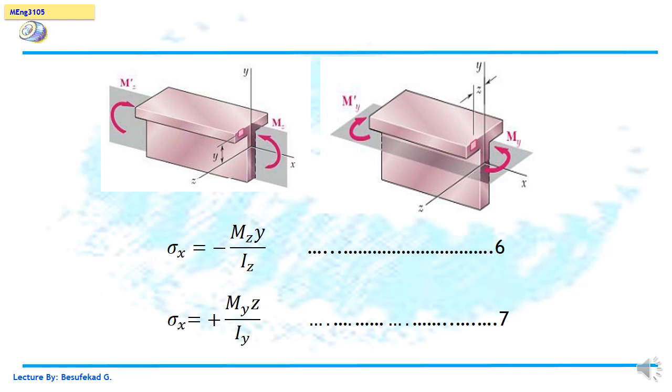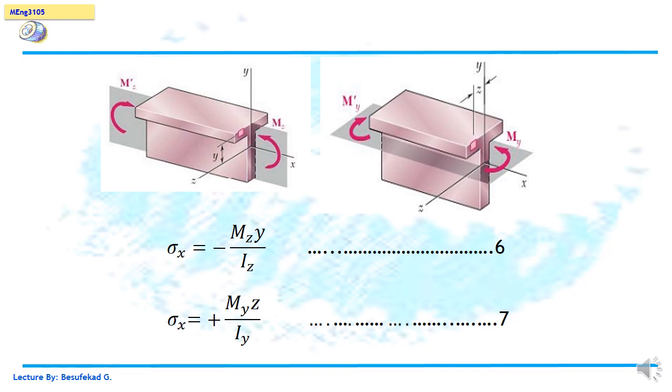But theoretically, I say that Mz is acting on the XY plane. On which plane does My act? My is acting on the XZ plane. But how do I denote the direction? In terms of a vector, this is how I represent it.